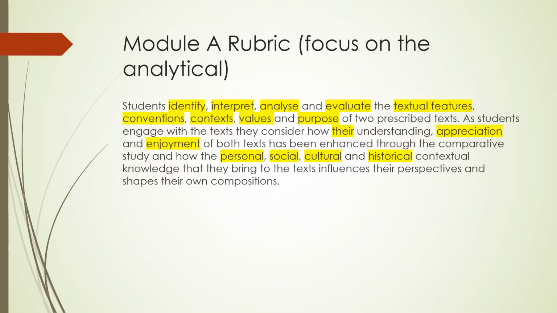As students engage with the text, they consider how their understanding, appreciation, and enjoyment of both texts has been enhanced through the comparative study, and how the personal, social, cultural, and historical contextual knowledge that they bring to the texts influences their perspectives and shapes their own compositions.